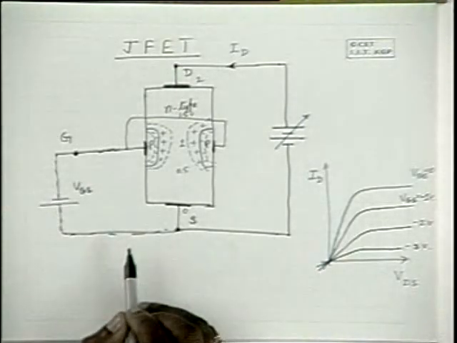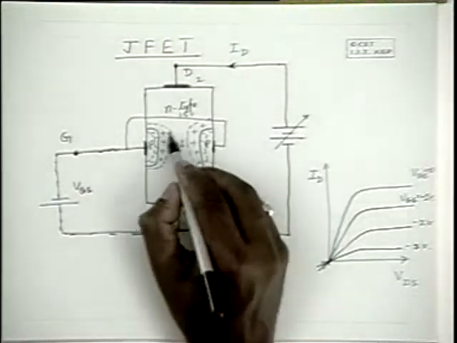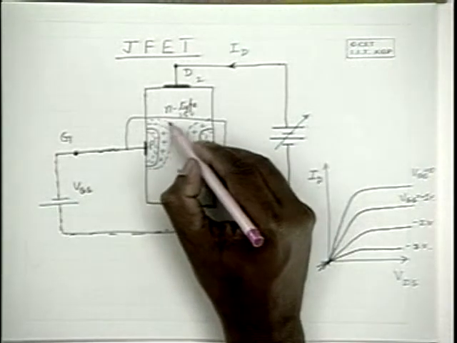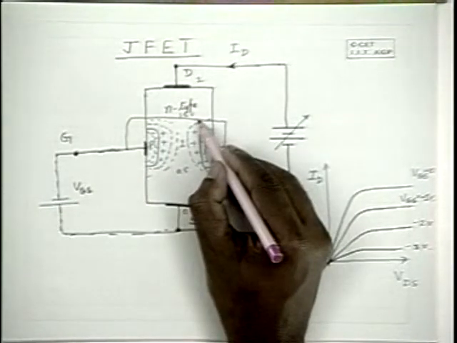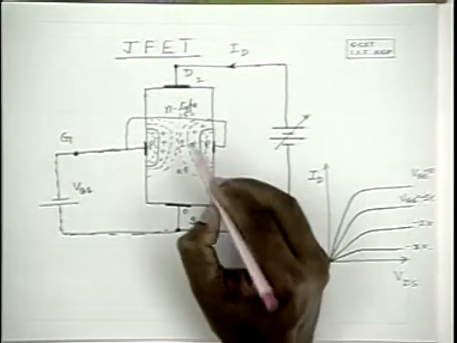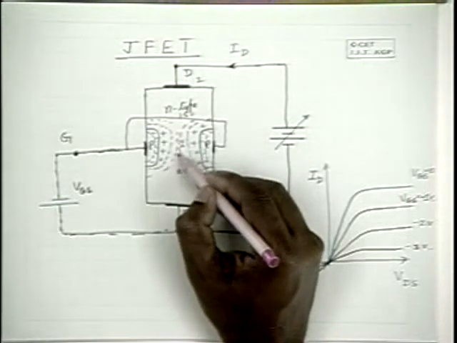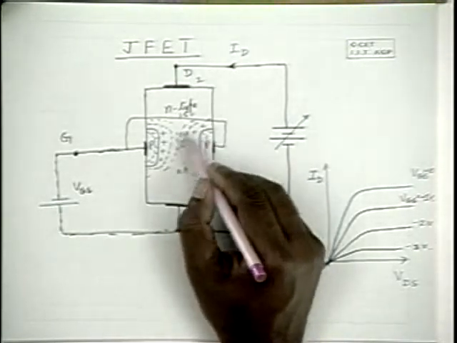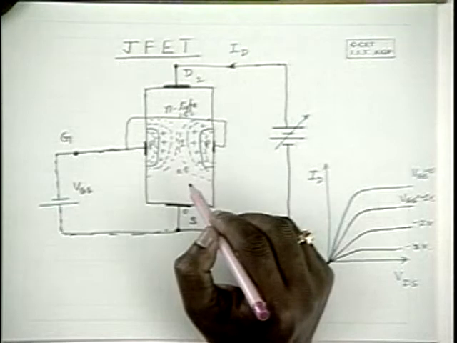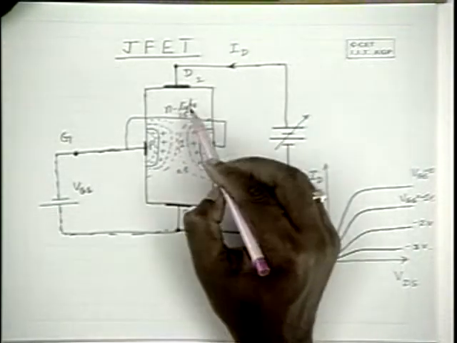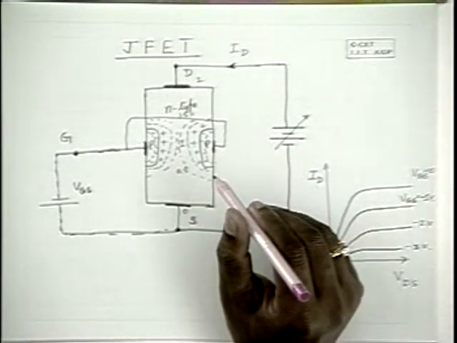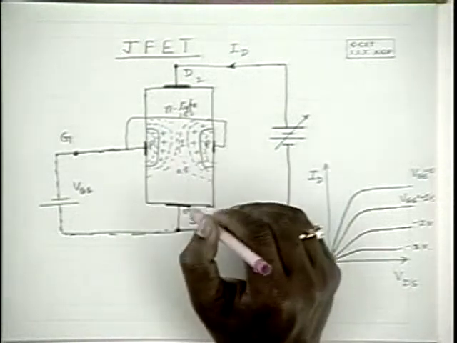And for certain VGS, the depletion region extends to the full cross section, and these two regions almost touch each other, in which case the channel is totally pinched off, and as a result no appreciable current flows in that situation.